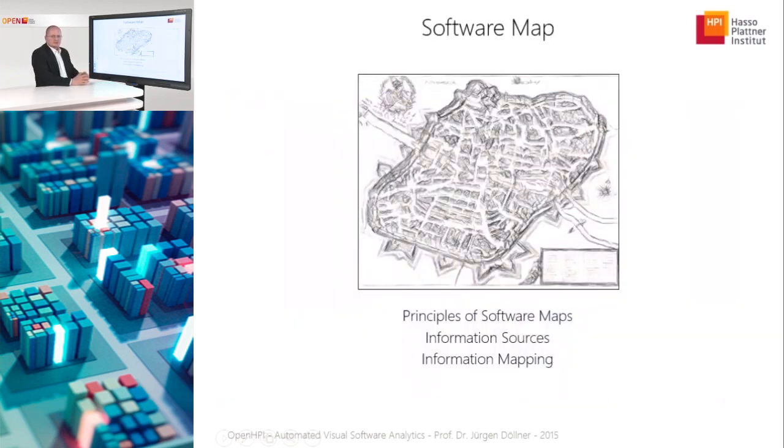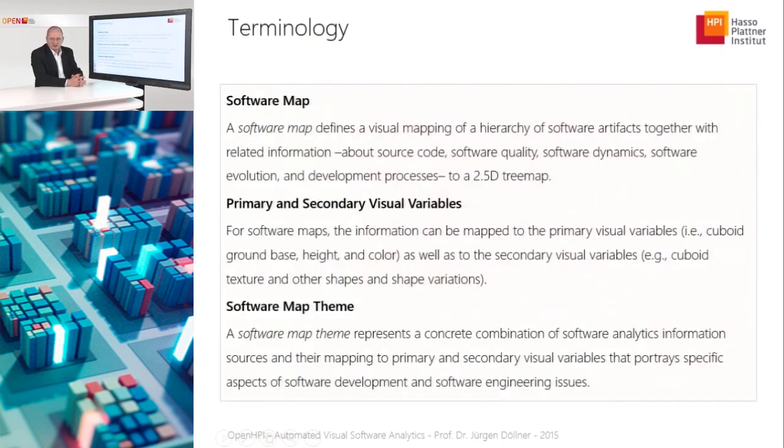This concludes this part about software maps. We have introduced some terminology. The software map, defined by a visual mapping of a hierarchy of software artifacts together with related information about source code, software quality, software dynamics, software evolution, and software development processes to a 2.5-dimensional tree map.